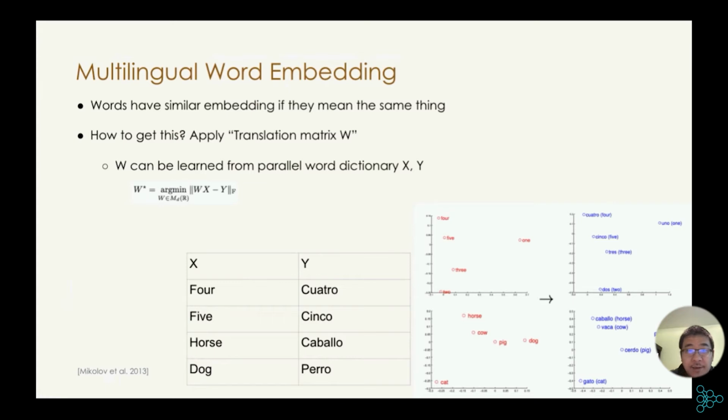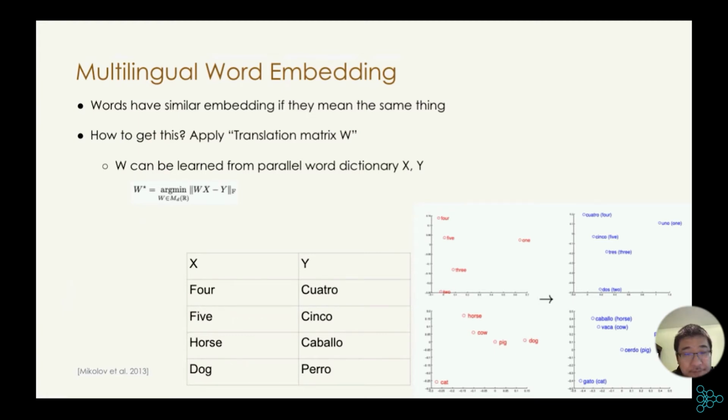Because the embedding features for both languages are the same. So the magic of the multilingual word embedding is they can actually embed two languages into the same space. If these two words, X is English, Y is Spanish, are translations of each other, they can be embedded into the same point in this space. Then we can use the embedding as the features.